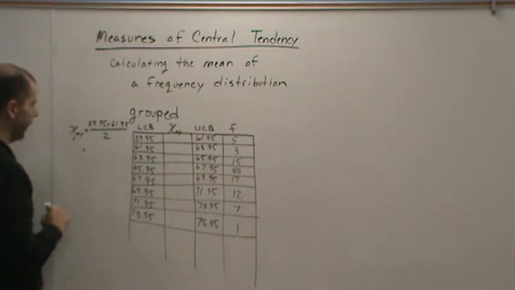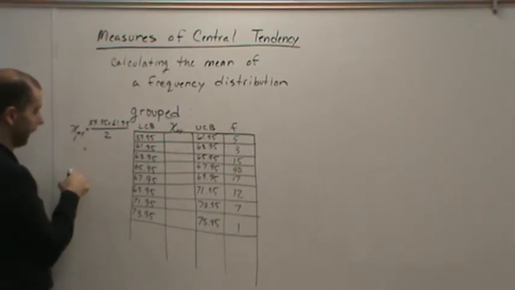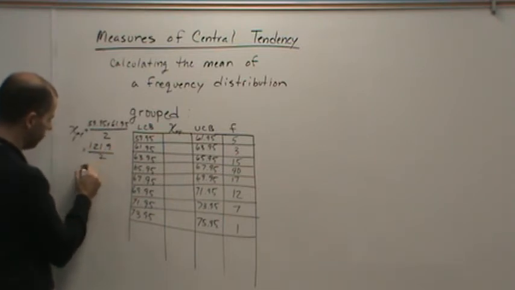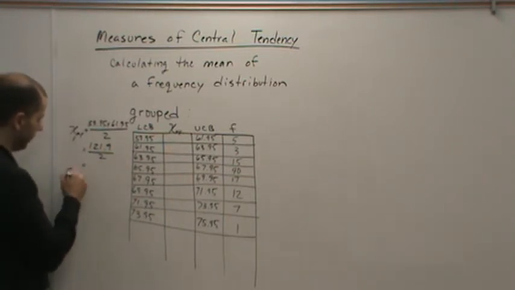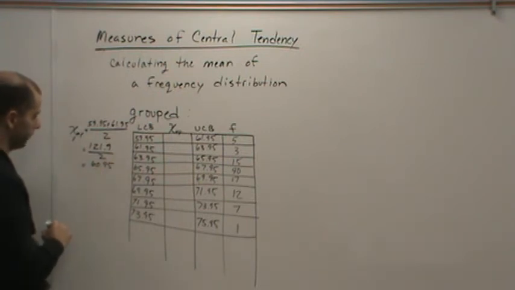And if we add these up, we get 121.9. So 121.9 divided by 2 gives us 60.95.